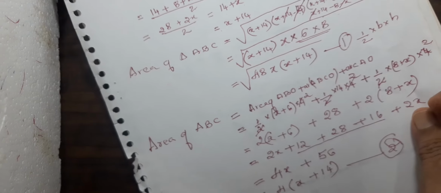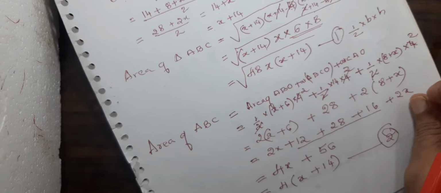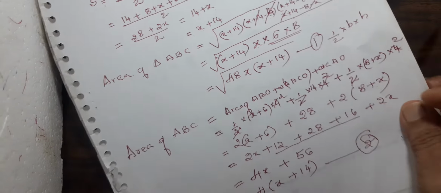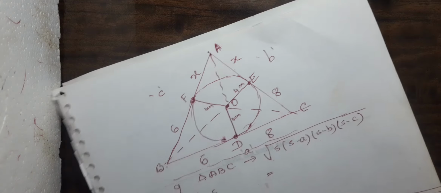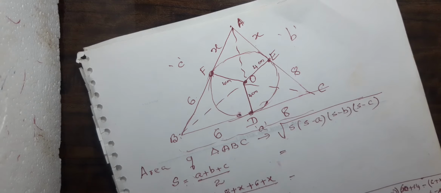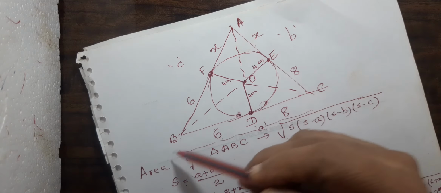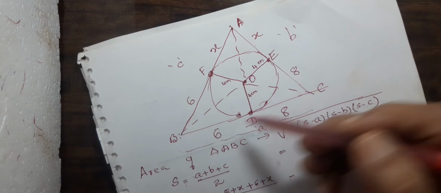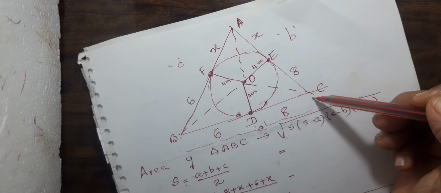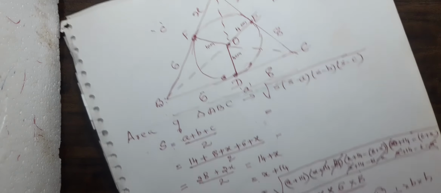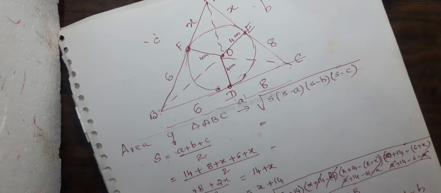Now we are going to calculate the area of triangle ABC in another form. Which is the other form? See, we have got 3 triangles in our figure. By joining OA, OB, OC, we have got 3 triangles: triangle ABO, triangle BCO and triangle CAO. They all have base and height.